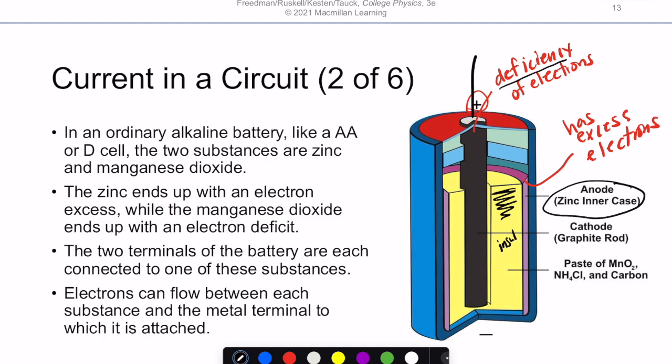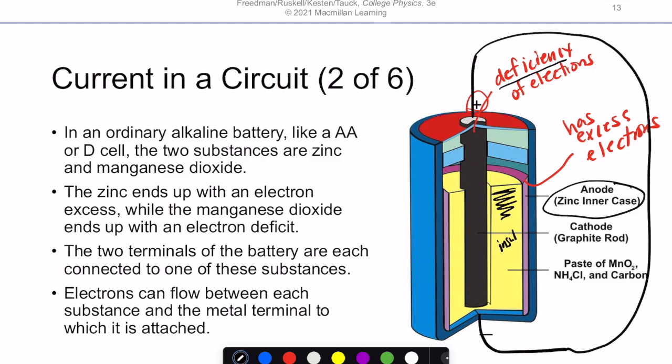It's deficient in electrons. And then you hook up your other side of the circuit to the negative part of the battery, which holds all the electrons, right? And because these are connected to each other, the electrons are going to sense a higher potential and get motivated to move this way.